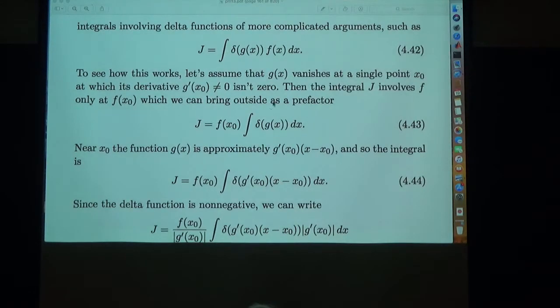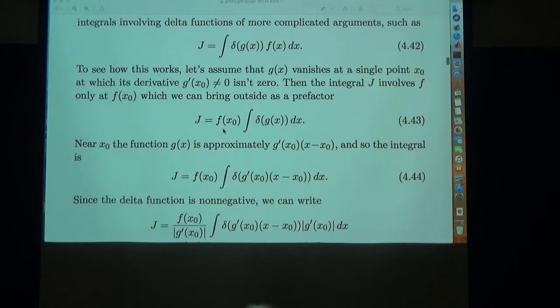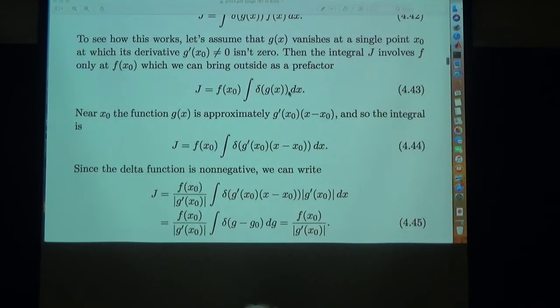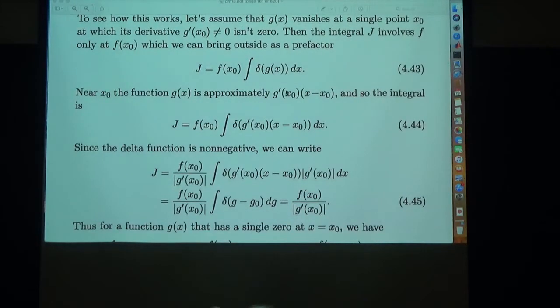And so this integral is only sensitive to the value of the function f at that point x0, so we can pull out f of x0. So then this integral J is just this. But now we know the delta function is obviously positive. I graphed it for you and showed you it was positive.